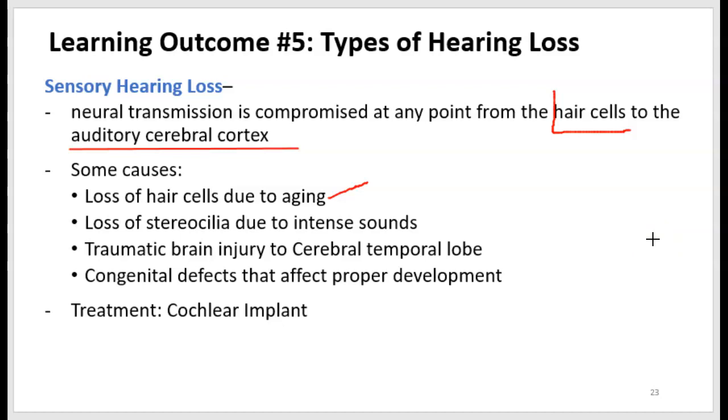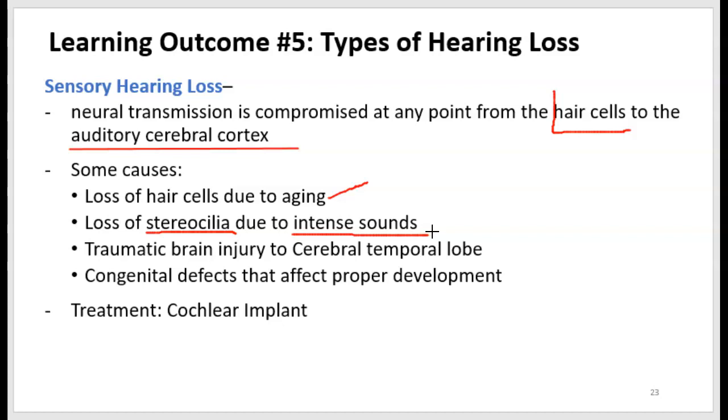when old people can't hear as well, and I'm not there yet, but it won't be long, that's categorized as sensory hearing loss. We can also lose stereocilia, or the hair cells will be damaged at least. Maybe they don't die, but the stereocilia are damaged on the hair cells due to really loud sounds. Like, don't listen to the radio too loud, or a bomb exploding, or something like that.